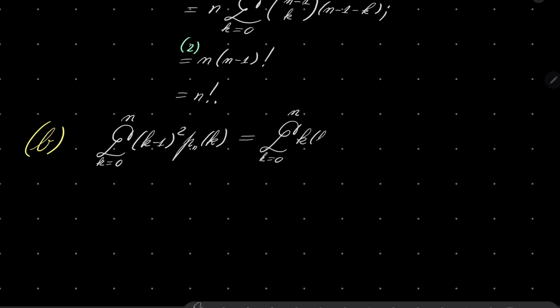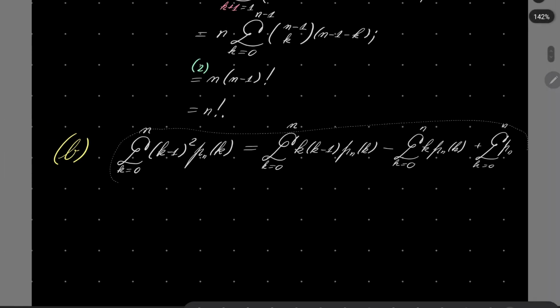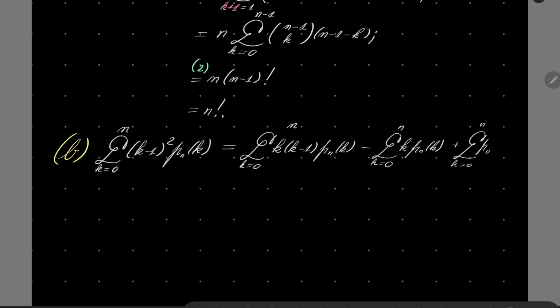It's the sum of k times k minus 1 Pn of k, minus the sum going from 0 to n of k Pn of k, plus the sum going from 0 to n of Pn of k. I'm running out of space, unfortunately.